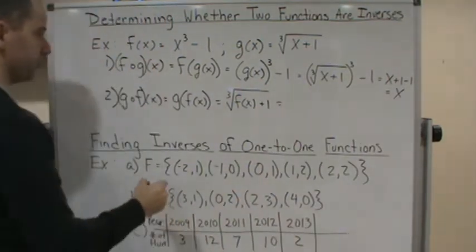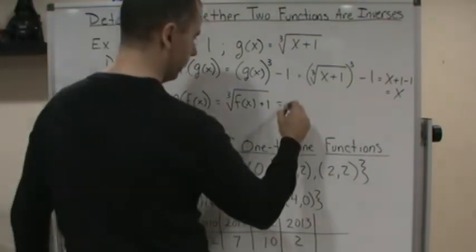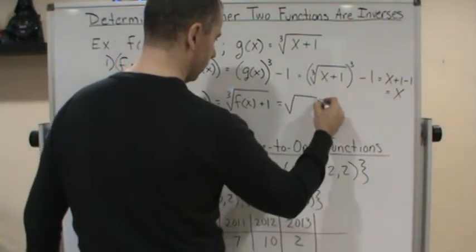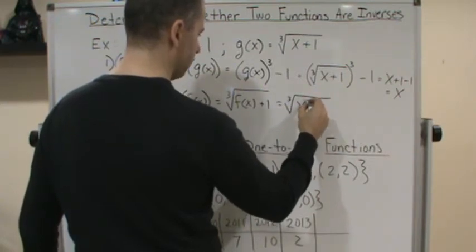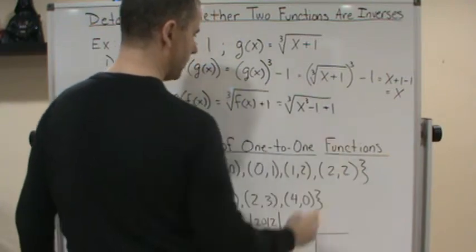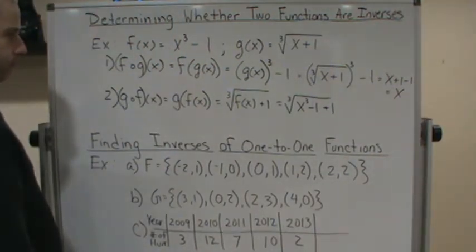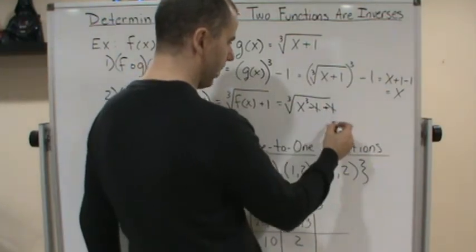And now I'm going to substitute in f of x. Well, what's f of x? x cubed minus 1. So this is going to be the cube root of x cubed minus 1 plus 1. Now look in here, these are going to cancel each other out, and look at that.